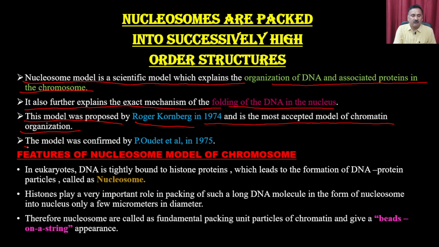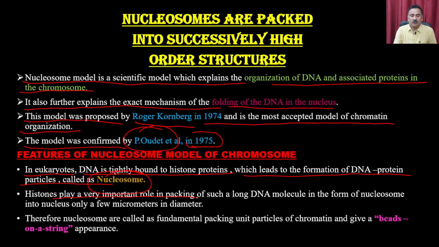The model was further confirmed by Pardon in 1975. What are the features of the nucleosomal model? In eukaryotes, the DNA is tightly bound to the histone protein, which leads to the formation of DNA protein particles called nucleosome.